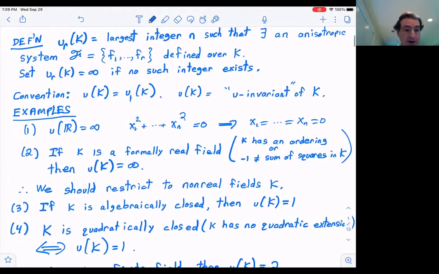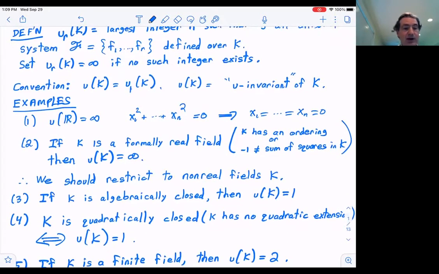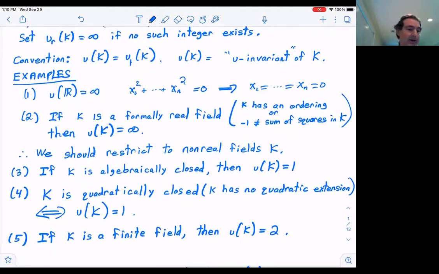More generally, it's not too hard to show that a field is quadratically closed if and only if the U invariant is 1. Here, quadratically closed means K has no quadratic extensions. Obviously an algebraically closed field is quadratically closed, but there are other quadratically closed fields. There are lots of others.